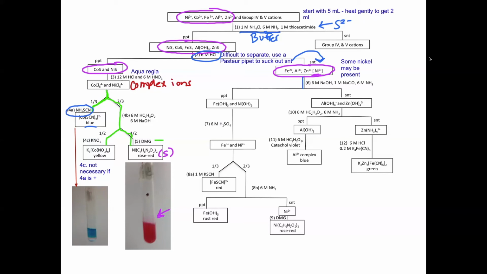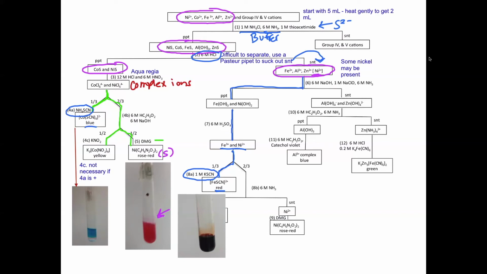We're going to add our reagents, and that will give us some hydroxide precipitate of iron 3+ and nickel. And we can dissolve that. Then we can add some potassium thiocyanate to test for iron, and it should give us a blood red solution. So this gives us a blood red solution to show that iron is present.